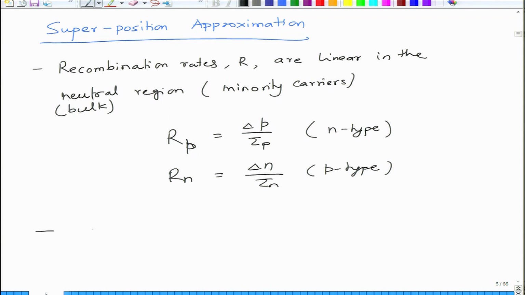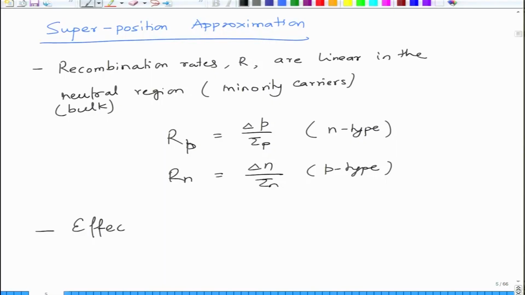And if you have light present, you might have some light present, and you might have an applied potential. The effects produced by these two are decoupled.